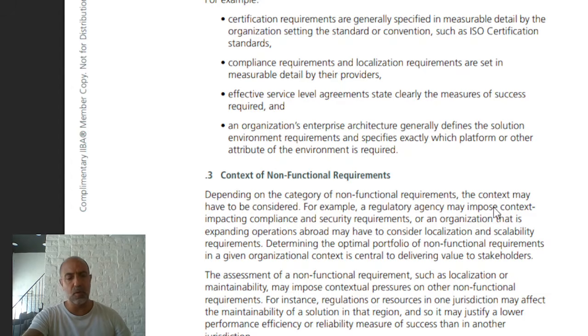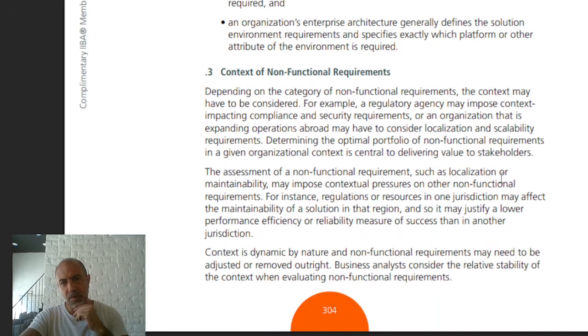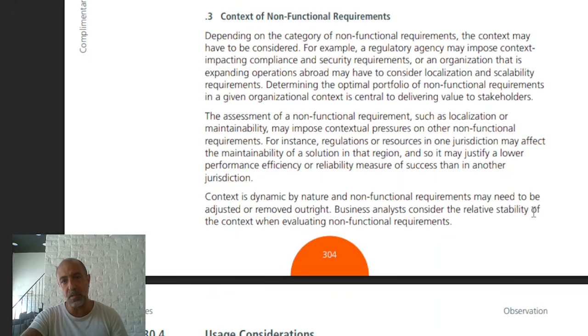So, context of non-functional requirements. Depending on the category of non-functional requirements, the context may have to be considered. For example, a regulatory agency may impose context impacting the compliance and security requirements. The market, for example, whatever you're trying to sell the product to, whether you're working with finance or with farmers, right, that is expanding operations abroad may have to consider localization and scalability requirements.